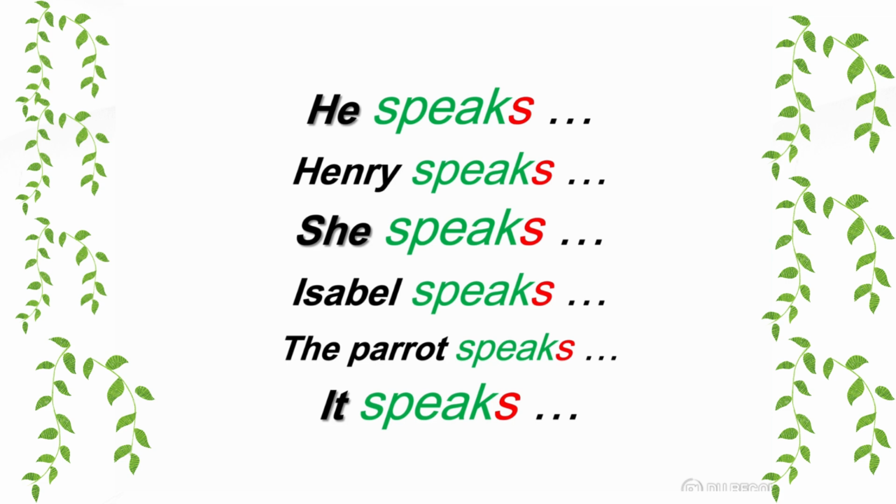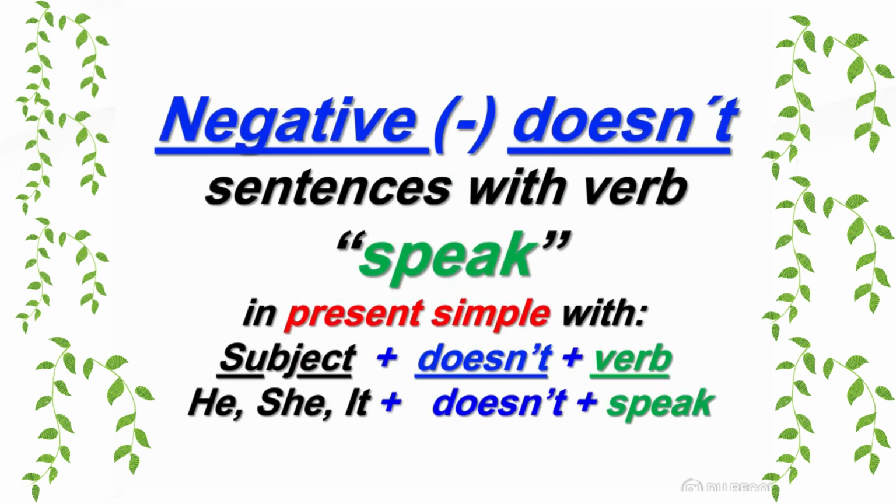Let's see more examples. The negative form in the present simple with he, she, it is with the word doesn't. Some students write don't. No, don't, it's not correct. So he doesn't speak. She doesn't speak. It doesn't speak. We notice that speak is with he, she, it, but it doesn't take s.